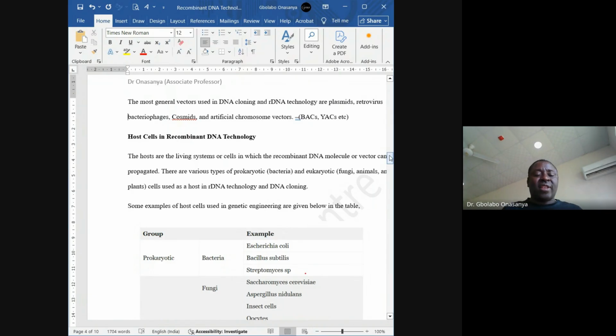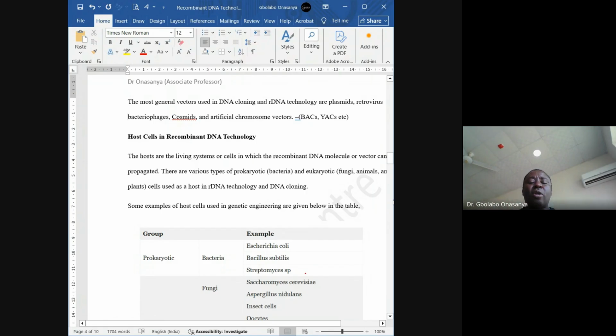We now know the host cells and host organisms that we can use in cloning and recombinant DNA technology. Examples of prokaryotic cells are E. coli, Bacillus subtilis, and Streptomyces species. Examples of fungi we can use as host cells are Saccharomyces cerevisiae and Aspergillus nidulans.